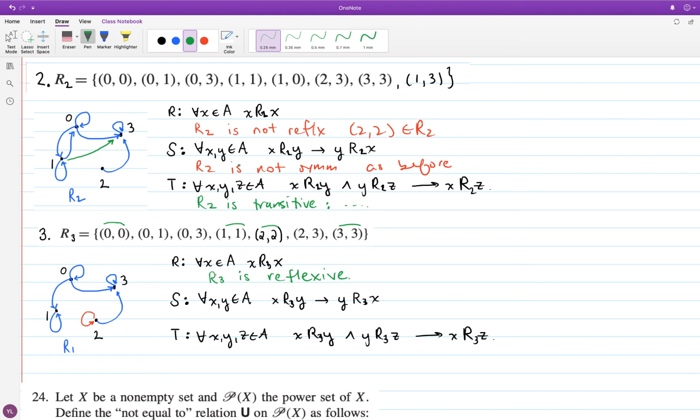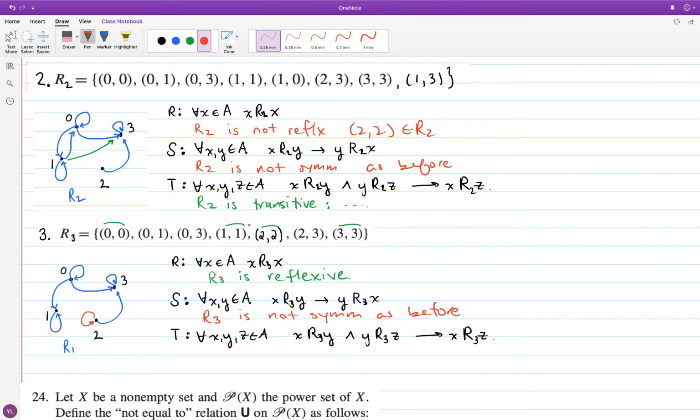What about symmetry? Nope, I still do not have symmetry here. R3 is not symmetric. Again, 0 is related to 3, but 3 isn't related to 0. And there's a couple other problems in there as well.